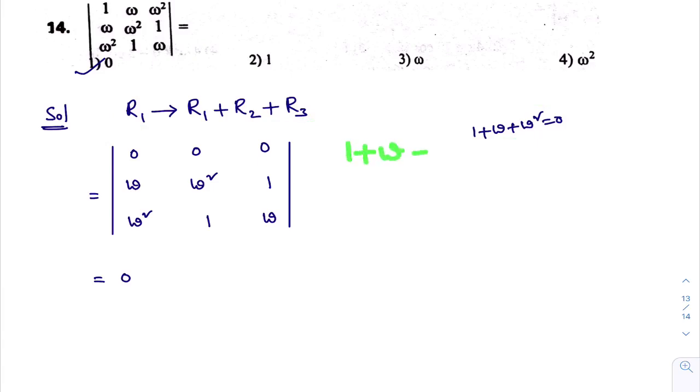All the elements of R1 you will get like this: 1 plus omega plus omega square, each of them. So all the elements of the first row you will get like this. And 1 plus omega plus omega square is 0, right? So you will get 0 in all the elements of the first row. In a determinant, if all the elements of any row or any column are 0, then the value of the determinant is 0. I hope you are understanding.